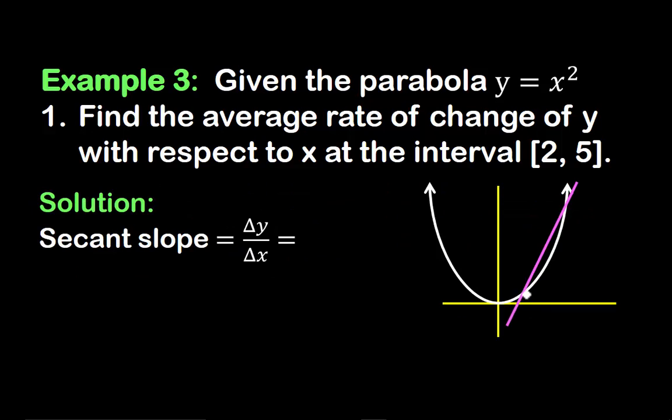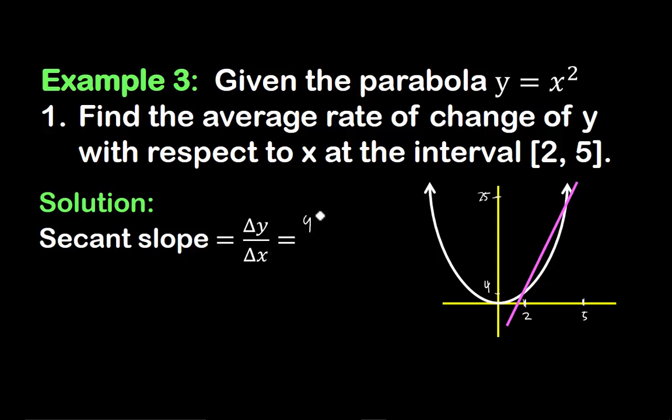Okay, so if this is from 2 to 5, your y would be 4 here, and your y when x is equal to 5 is 25. Obviously, this is not to scale, but this will do. Okay, so the secant line would have a slope equal to delta y over delta x.